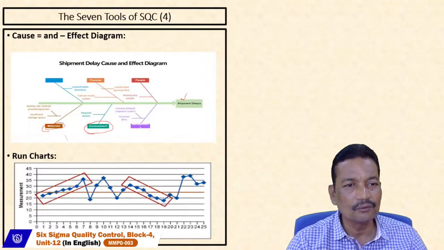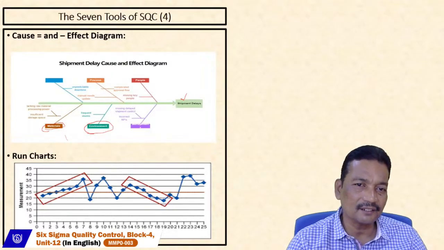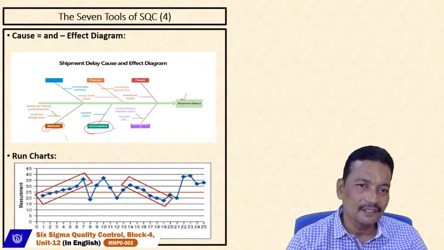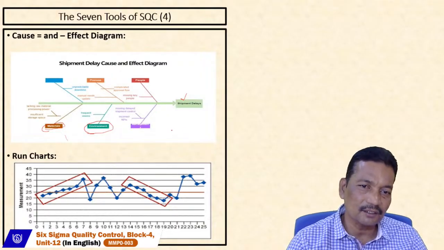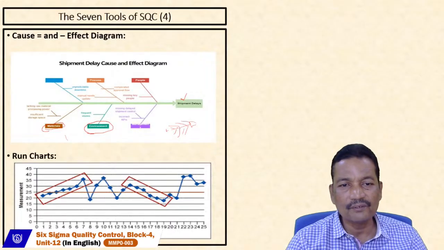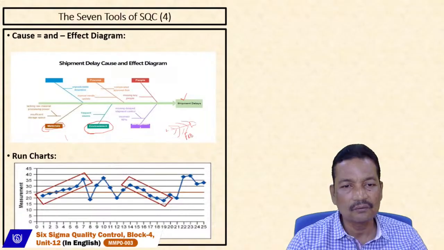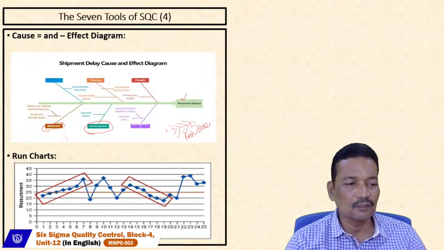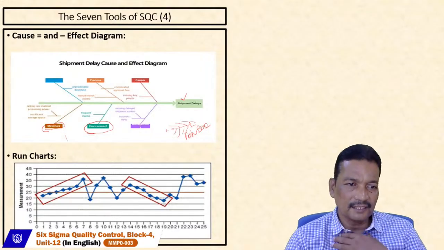Thereby, we can know what exact factor is causing the delay. And if you look at carefully this one, it looks like a fishbone. This is also called as fishbone diagram.